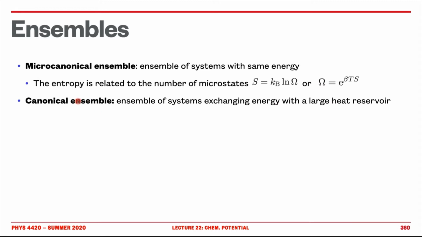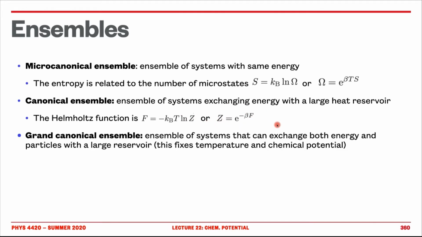The one that we spoke a bit more about was the canonical ensemble, and these are systems connected to a large heat reservoir, and for that we use the Helmholtz function. We like that because it allowed us to write the Helmholtz function simply as minus k_B T ln Z.